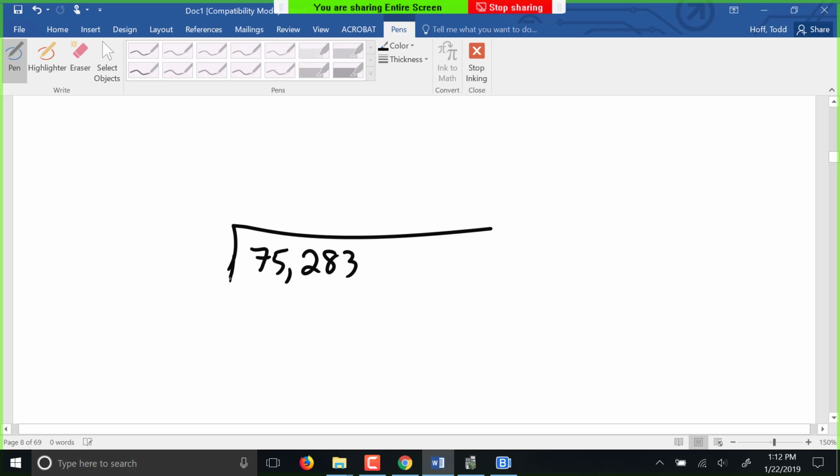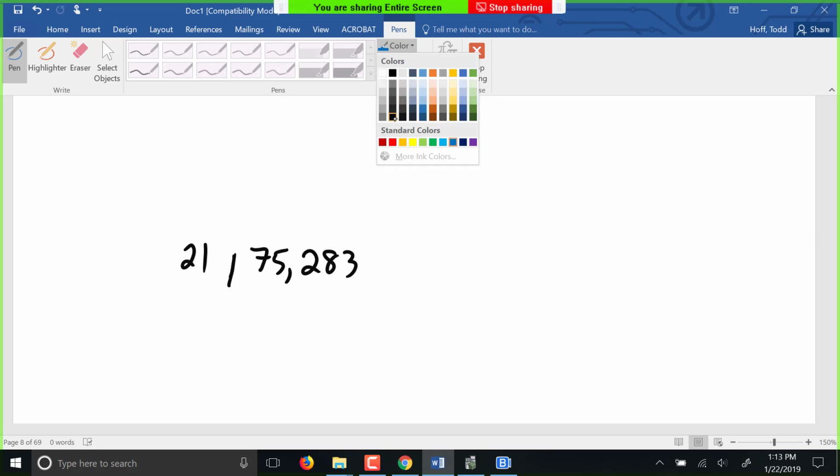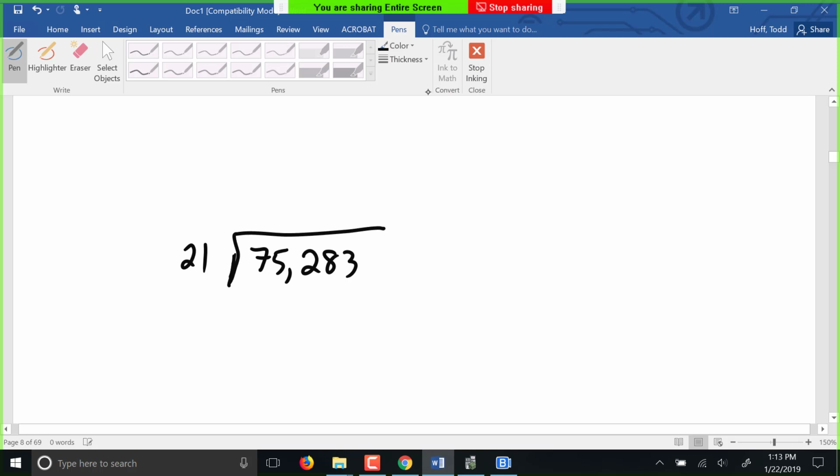And I'm going to divide by, let's go 21. Now this could get pretty ugly, but let's see what happens. Now again, I'm not about to start subtracting 21 from 75,000. I just don't have that kind of free time. But we can subtract a large bundle of 21s.